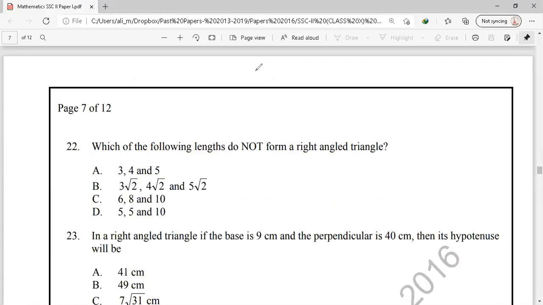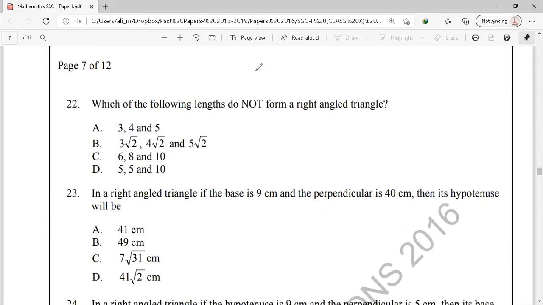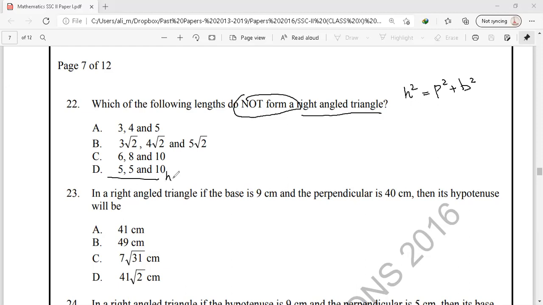So let's see question number 22, and in this question we have to find which will not form a right angle triangle. For a right angle triangle, we can apply the Pythagoras theorem, h square equals p square plus b square. We know that the greatest side is the hypotenuse. So let's check this option: if this is the hypotenuse, the remaining would be perpendicular and base.